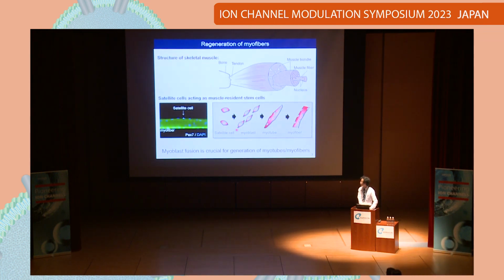Skeletal muscle is composed of so many myofibers. Satellite cells, muscle-resident stem cells, are activated upon muscle injuries. After activation, satellite cells differentiate into myoblasts, and then myoblasts fuse to each other to become multinucleated cells called myotubes.